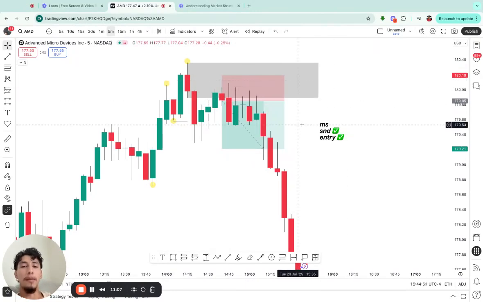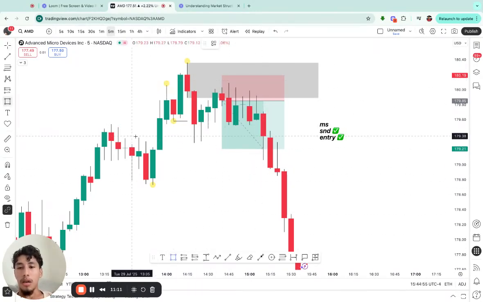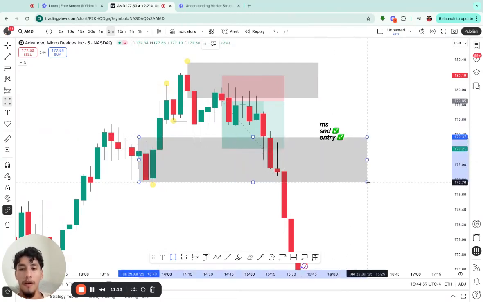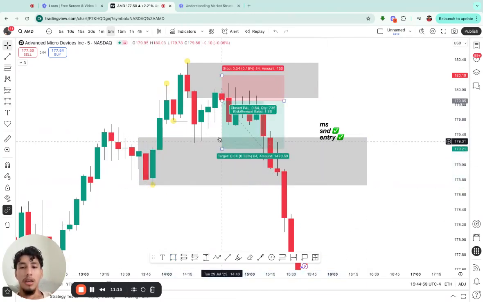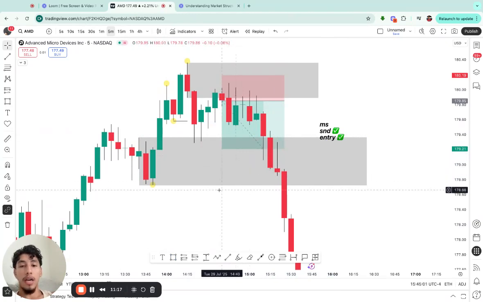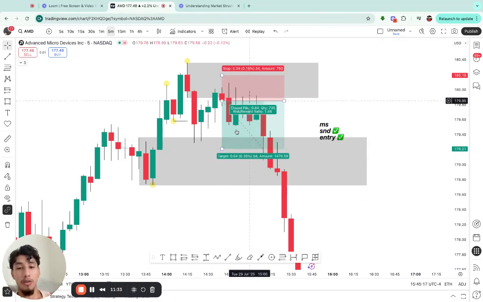You want to keep a good risk to reward, because as you obviously saw, if I would have risked this whole thing, this would have burned my contract out a lot. I would have been down probably like $80 or $90, which wouldn't have been good. But because I had a good risk to reward and I understand how much I'm willing to risk on any single trade, I have a technical stop loss.